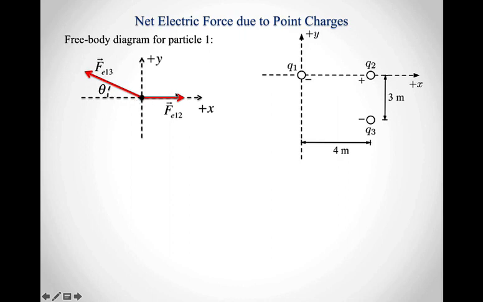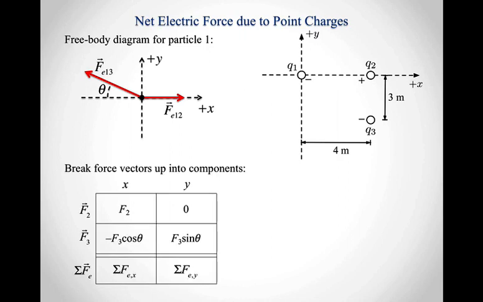Now that I've got a coordinate system, I can break these vectors up into components. I'll be setting up two component equations to do the vector addition, so I'll set up a table to keep track of the vector components for each of these vectors. I'll also simplify my labeling a little. The electric force on charge 1 by charge 2, I'll relabel as F2.